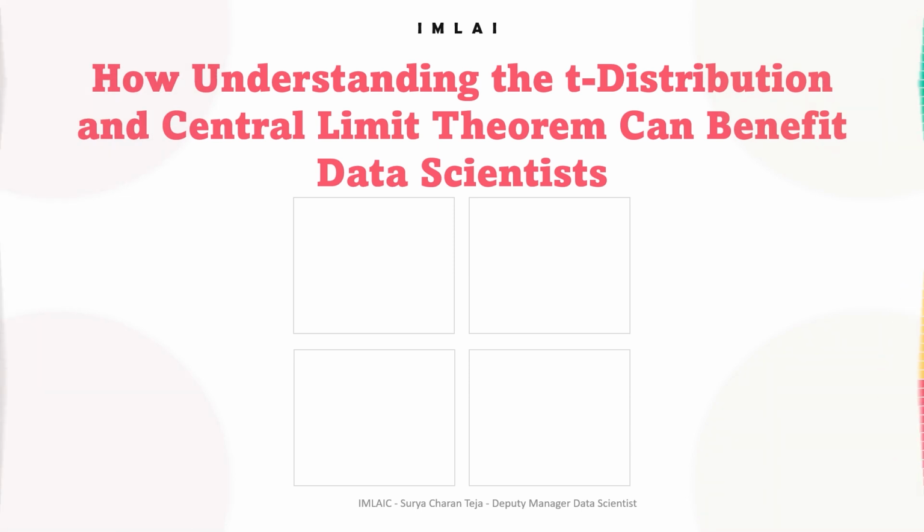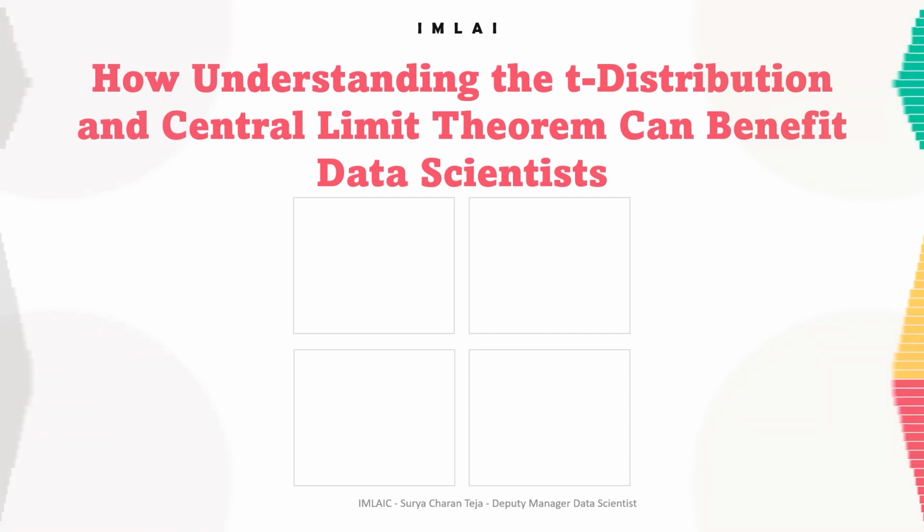So, this means that even if the population distribution is not normally distributed, the distribution of the sample means will be approximately normal if the sample size is large enough. The CLT is important because it allows us to use the normal distribution to perform hypothesis tests and construct confidence intervals for the population parameters such as the population mean when the sample size is large.